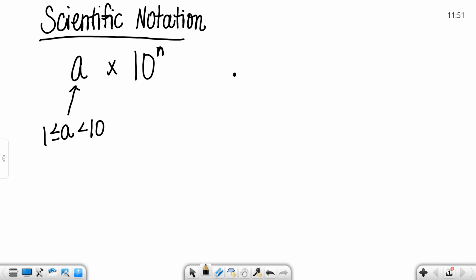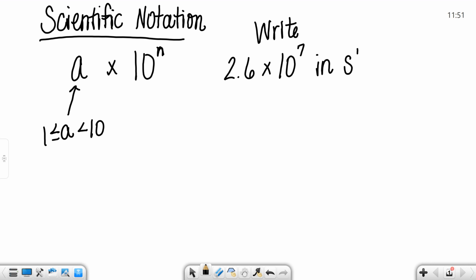So if I took the number 2.6 and I multiplied it times 10 to the 7th, well, this is scientific notation, right? If I want to change it into standard form, so if I said, okay, write this number in standard form, well, that's the way that we're used to seeing a number, is in standard form.